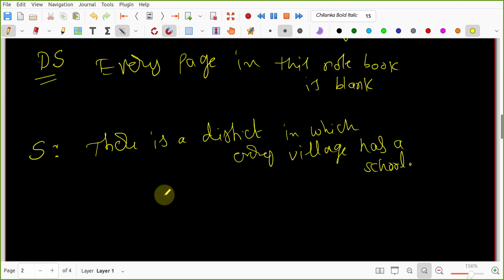He has written the statement: there is a district in which every village has a school. I just repeated the statement. So what is not clear in this one?